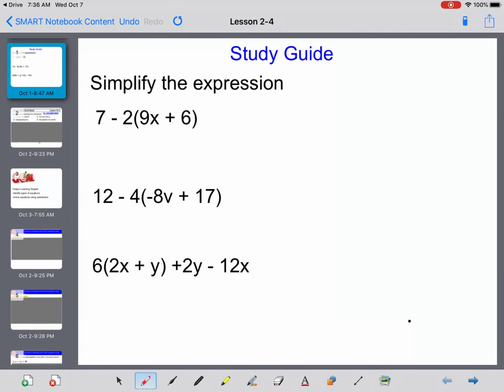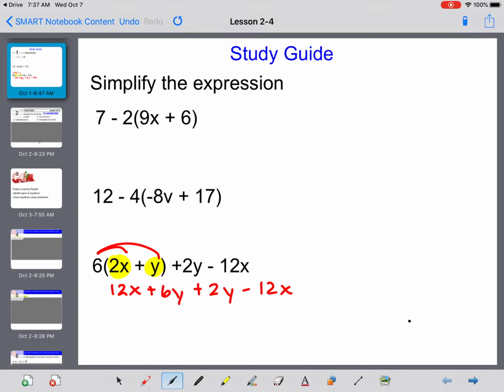All right. In this problem, I see another part where I have the distributive property. So I'm going to go ahead and get that done first. I need to multiply 2x and y by the 6. So 12x plus 6y plus 2y minus 12x. Now I see that I would like to get my like terms next to each other.